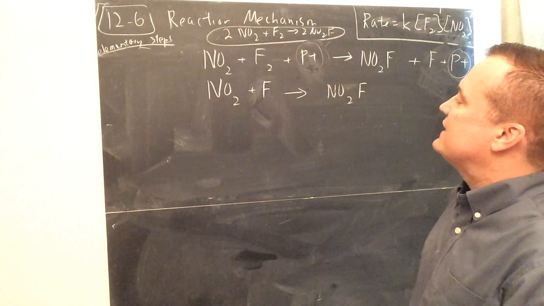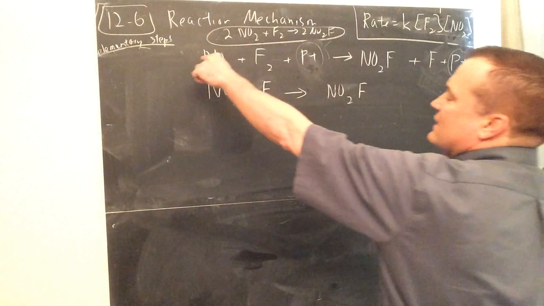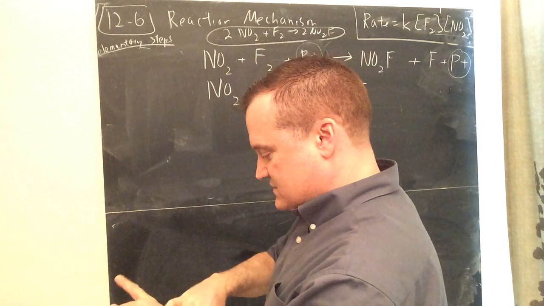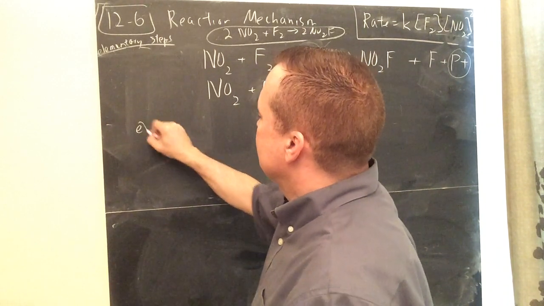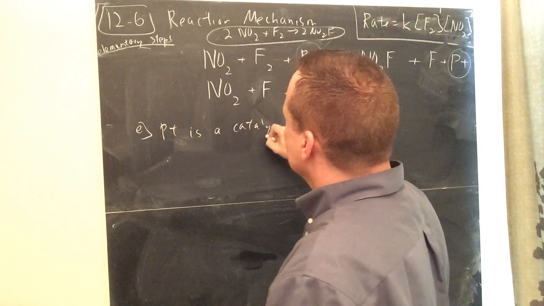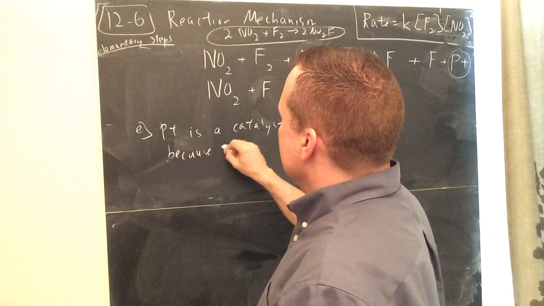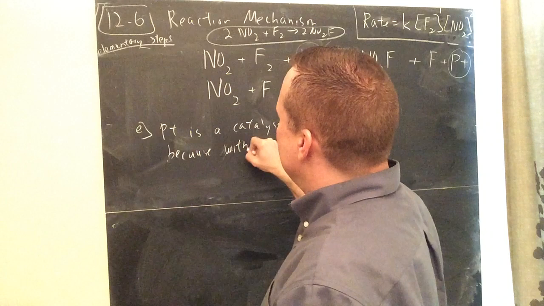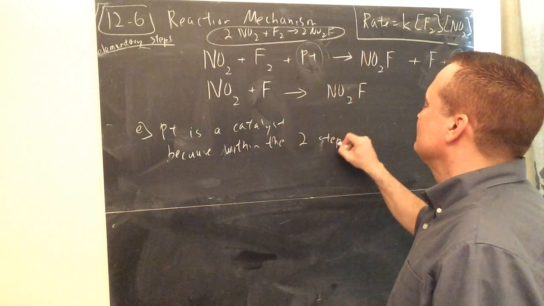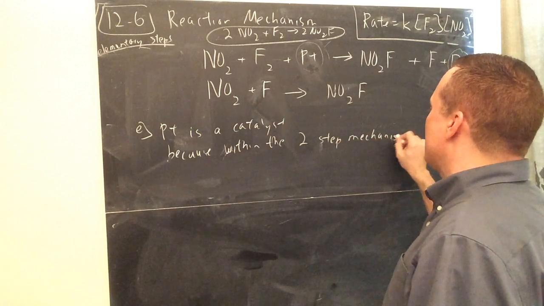By definition, a catalyst would be, as I said, anything that is unchanged within the elementary steps, within the mechanism. Let me write this down. What letter is this? Letter E. Platinum is a catalyst within the mechanism, or to be even better, within the two-step mechanism. Now, sometimes mechanisms can have 3 or 4 steps. Wow. So you might have to really look through all the steps to see this.